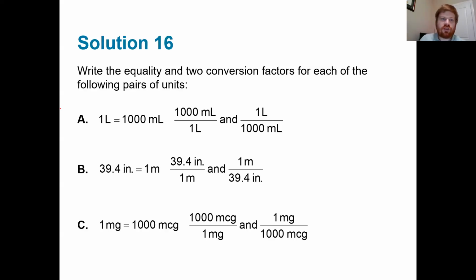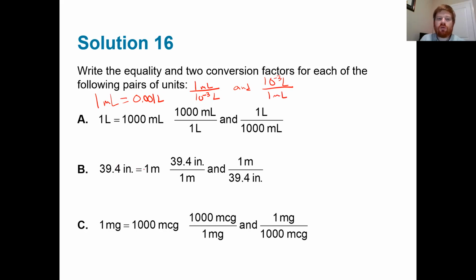Now, I just want to point out here that you may also write the conversion factor as 1 milliliter equals 0.001 liter, because you know that 1 milliliter is 1/1000th of a liter. In that case, your two conversion factors would be 1 milliliter divided by 10 to the -3 liters, and the other one would be 10 to the -3 liters for every 1 milliliter.